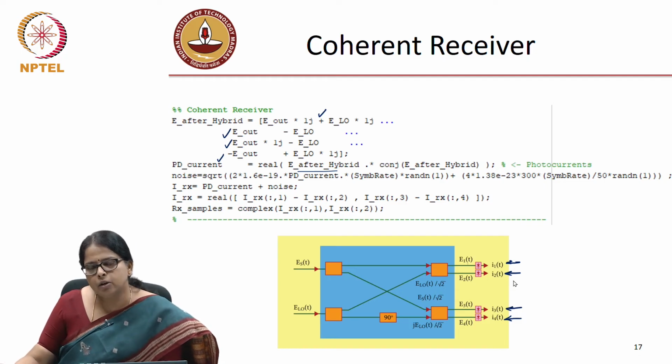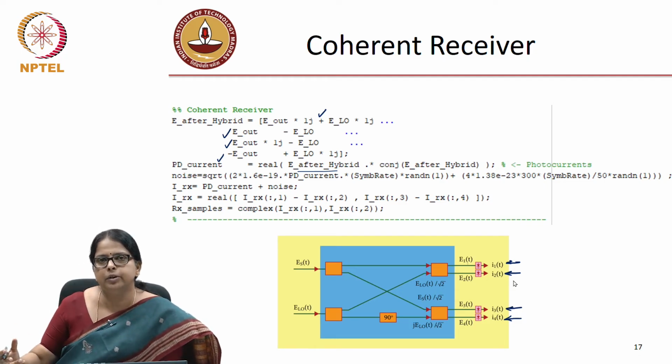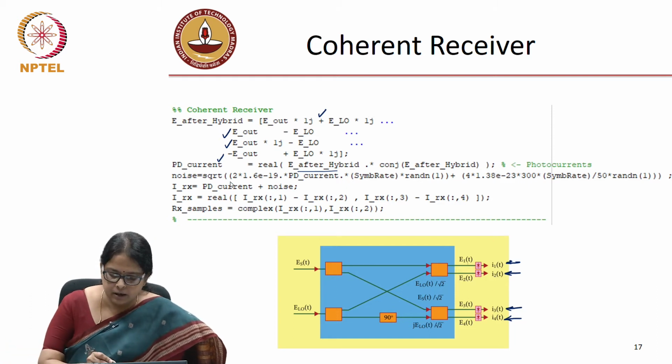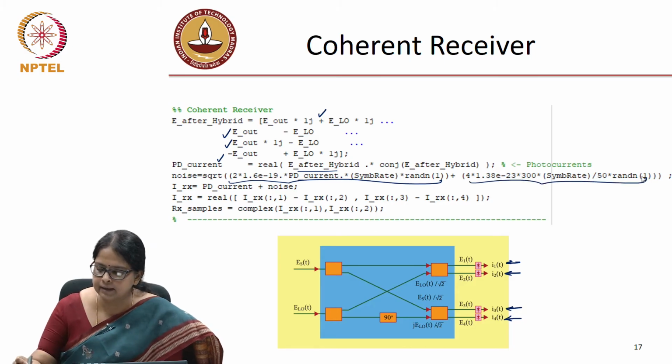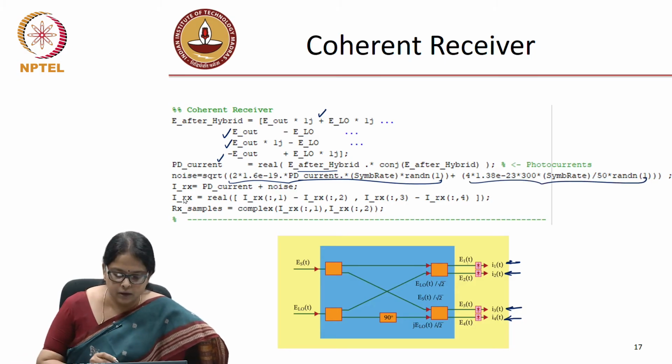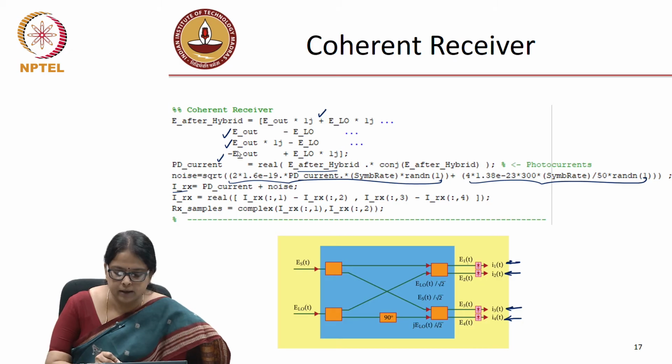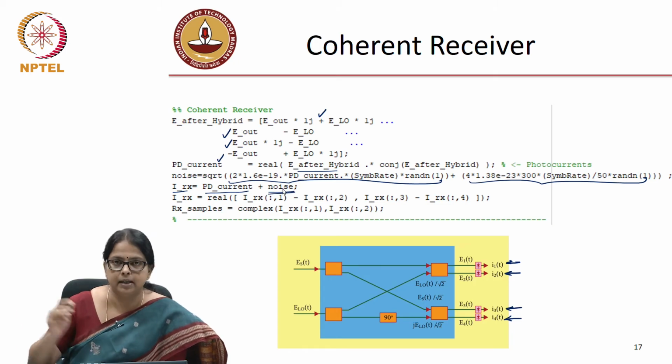Of course, you are using a coherent receiver, so the thermal noise is going to be much smaller than the shot noise, but just for the sake of completion you have added the shot noise here, and this is the thermal noise of the system. So, the total receiver current has all these 4 components, which is the current plus the noise in each of these arms.